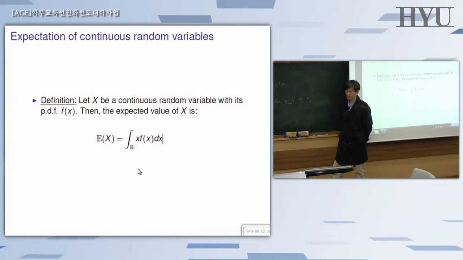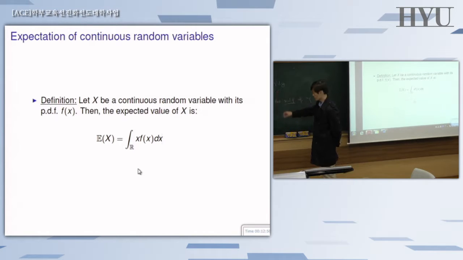But do we have this one? PDF for y? No, we are not given it. But we are not given it, and we need it. Then what do we do? We derive it. We have to figure out what this is. So the whole question boils down to whether we can get this or not.